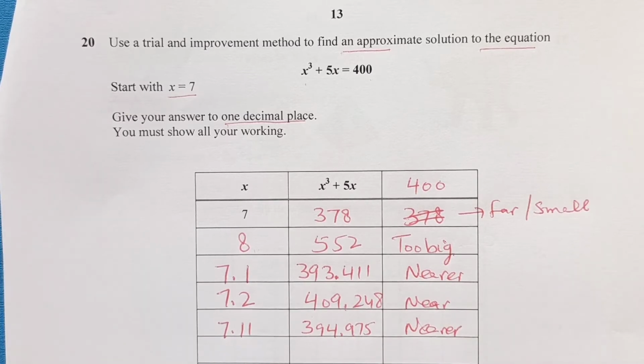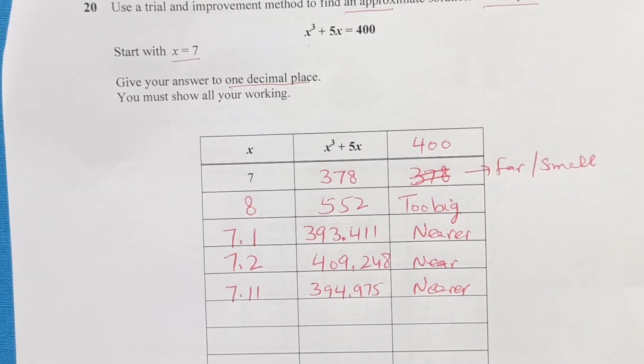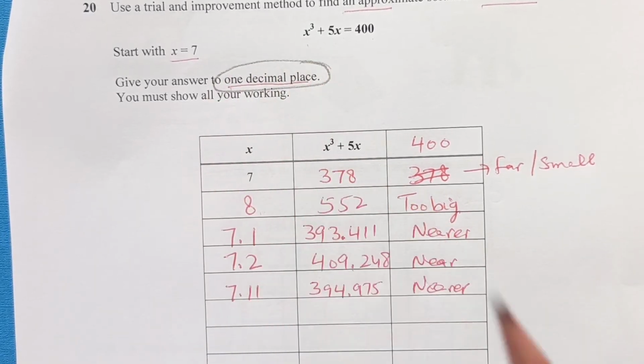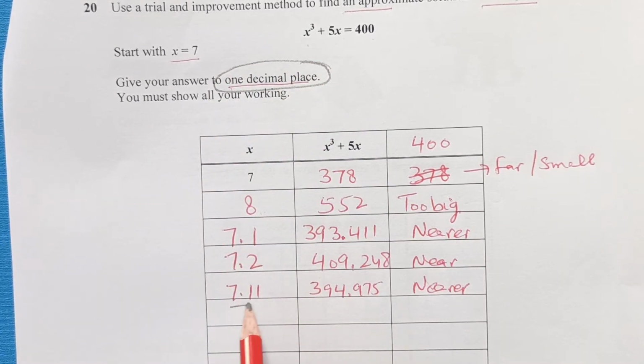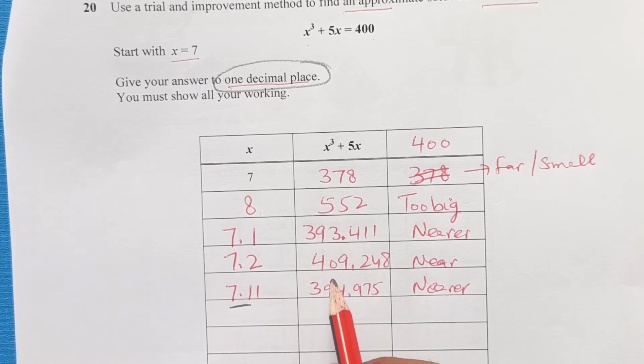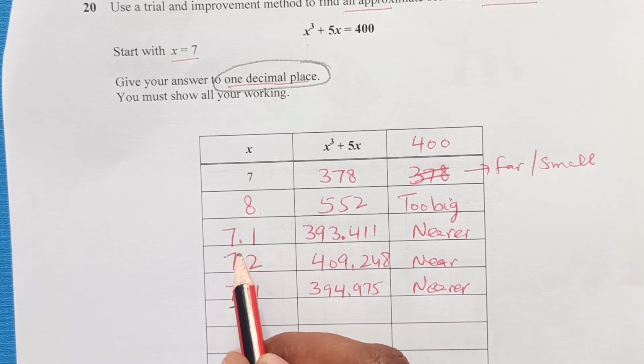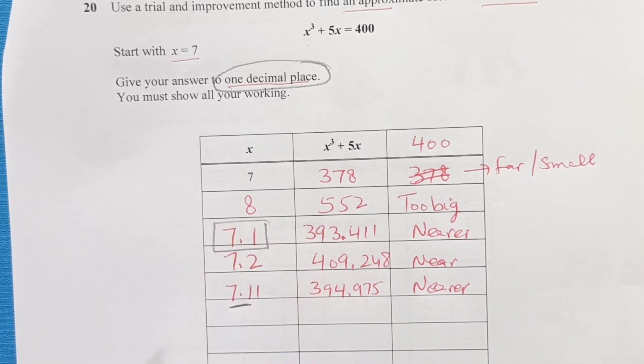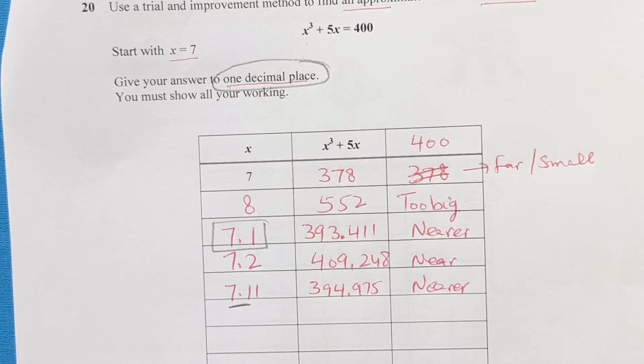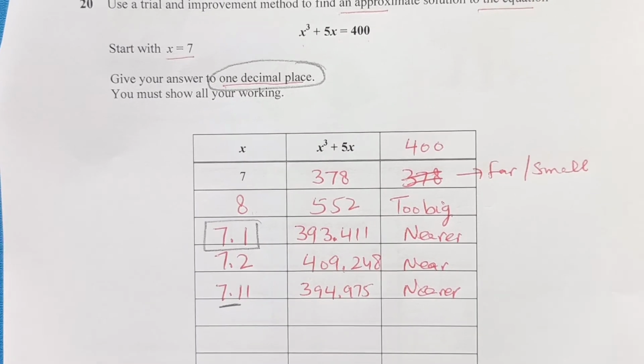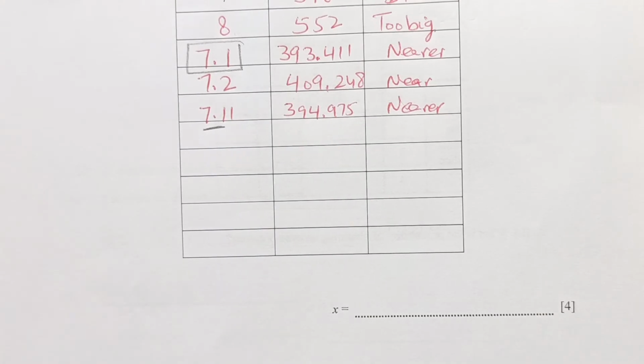But we need the answer in one decimal place. If we take this value, you see it's exceeding. Even if you take 7.12, it will exceed there, but we have to take this value for one decimal place. So we can have 7.1 as our final answer.